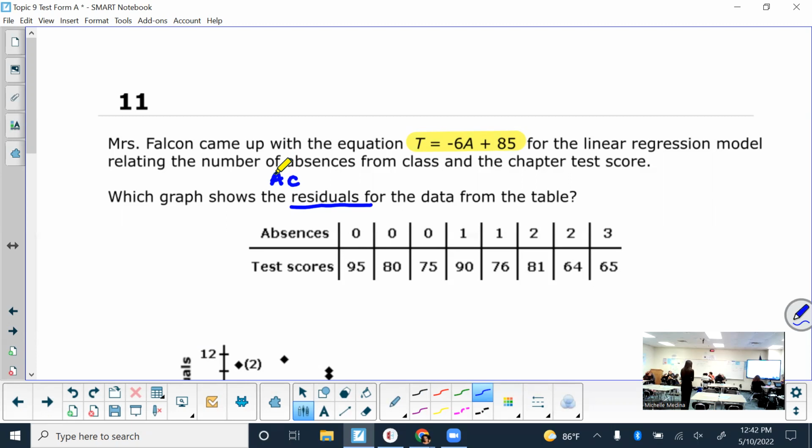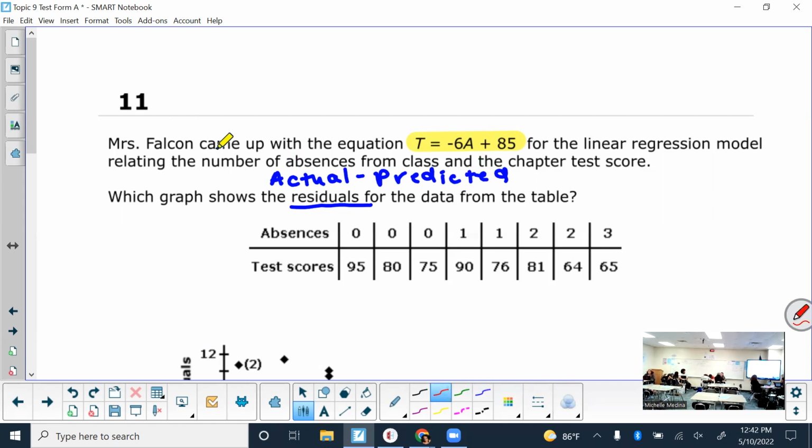Close. It's actual minus predicted. I always remember it as A minus P because A comes first in the alphabet. All right, actual minus predicted.